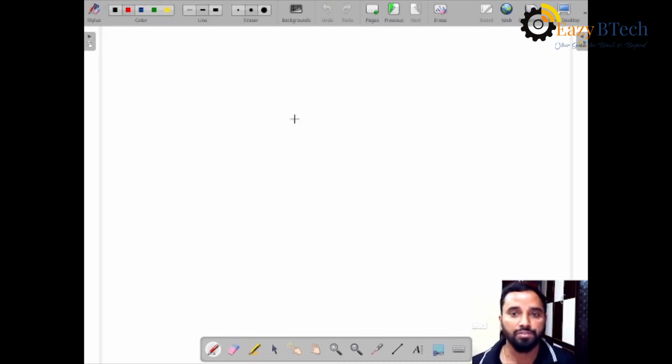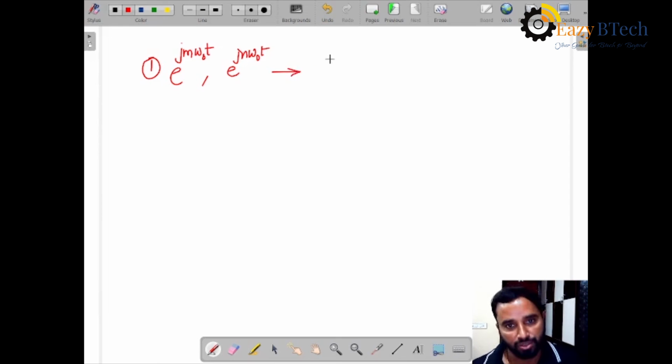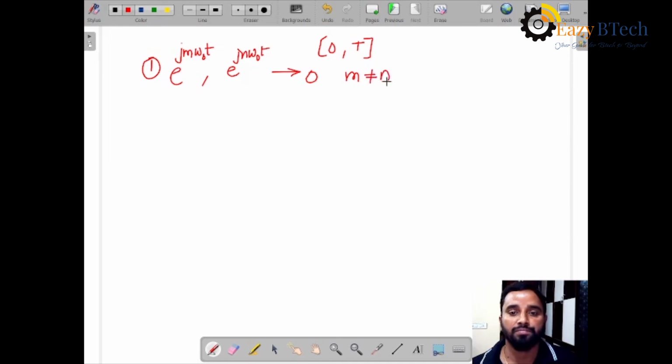So finally I will give you the conclusion or summary. The first thing: e power j m omega naught t and e power j n omega naught t are orthogonal over the interval 0 to T, the interval being common for all, when m is not equal to n. If m is equal to n, what is the answer?